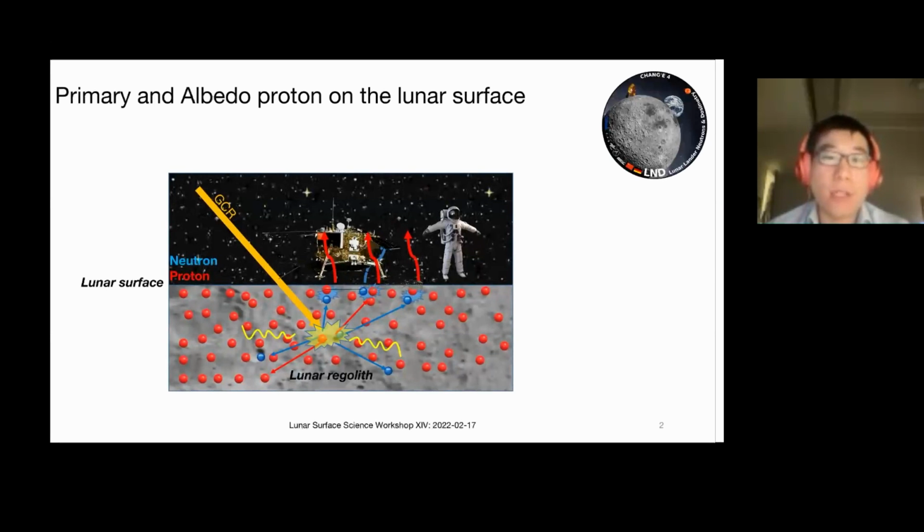So definitely we should monitor them and know how they affect the lunar surface environment. At the same time, the interaction of albedo protons with the lunar regolith could reflect the distribution of hydrogen nuclei in the lunar regolith. So this potentially could be a way to detect water components.